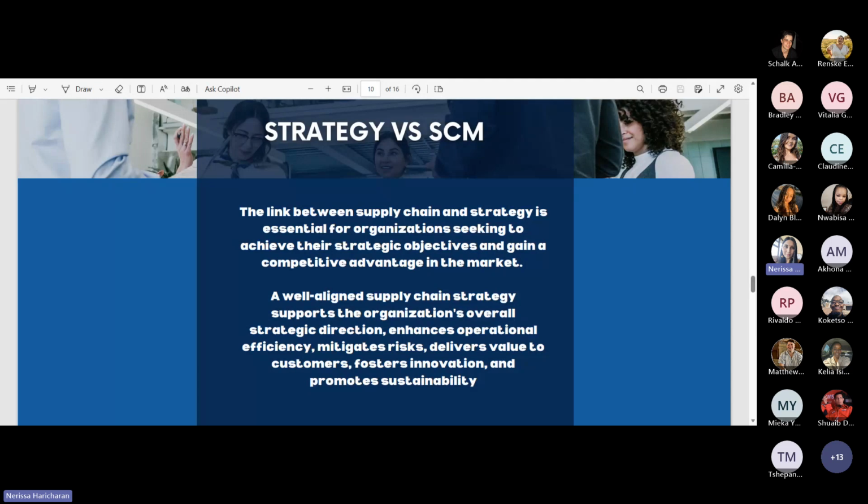You want to have a good customer value proposition where your supply chain directly influences your business's ability to deliver a product or deliver value to a customer. It needs to be a very well designed supply chain that allows the business to meet customer demands, deliver your product in a timely manner, and also provide superior customer service.